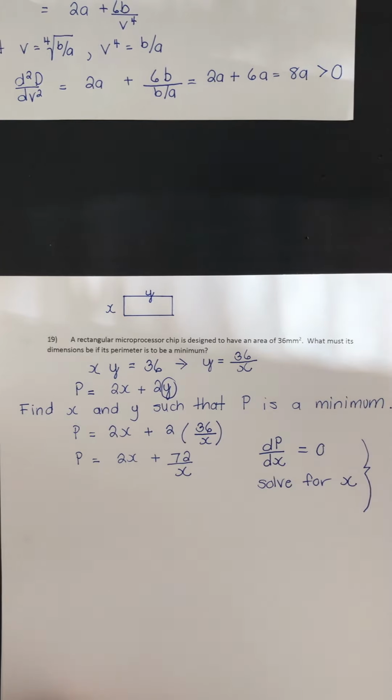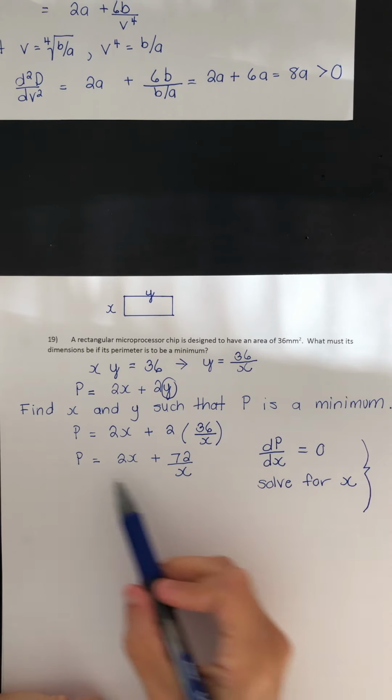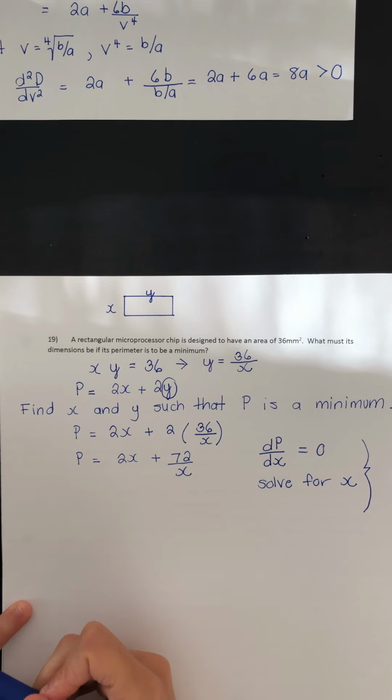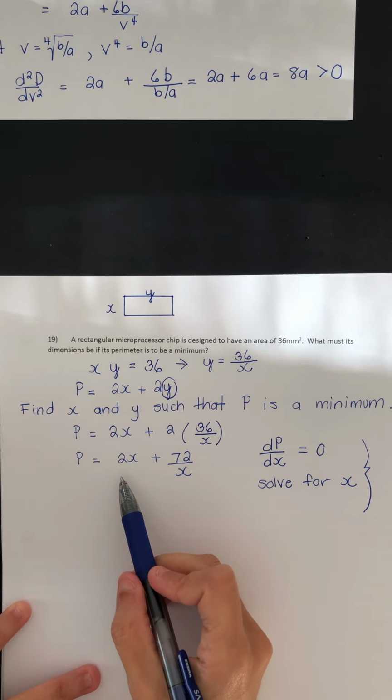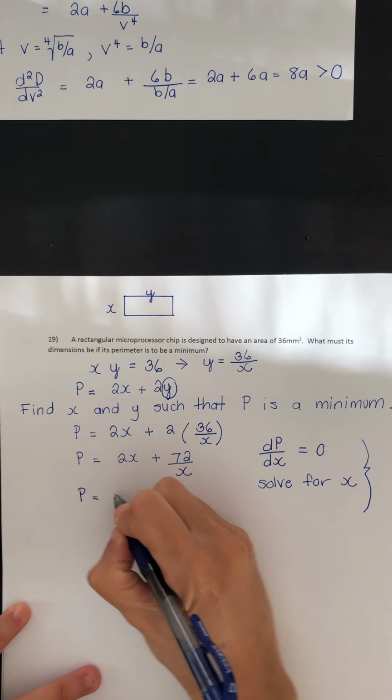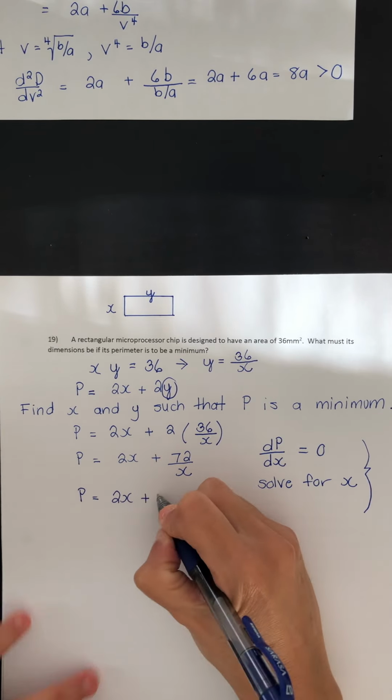So I'm going to execute this now. I'm going to take the derivative of this with respect to x and then set it equal to 0. Now, just like the previous question, we have to rewrite this first if we intend to take its derivative.